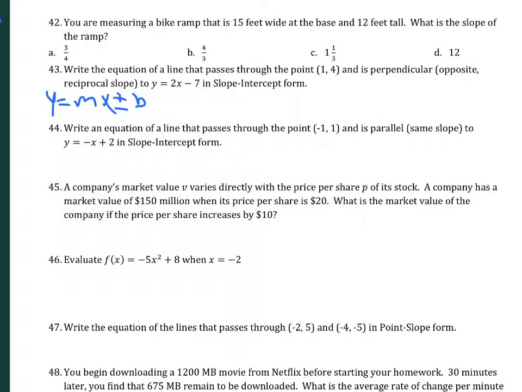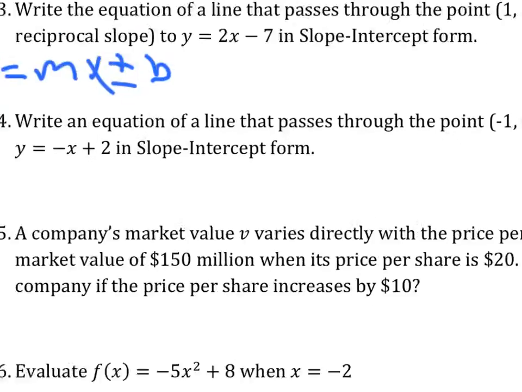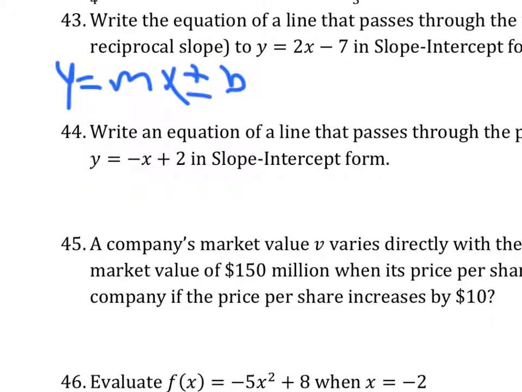Number 44 says write the equation of a line that passes through the point -1 and 1 and is parallel to this line. Okay, if it's parallel, they're going to have the same slope. And I'm just going to zoom in here because that is a 1 in front of that. All we got to do is steal his slope. Steal it.